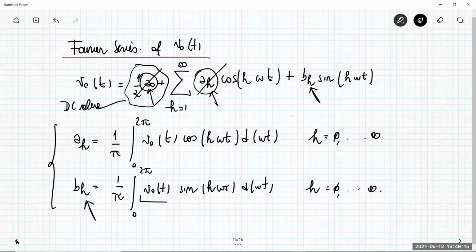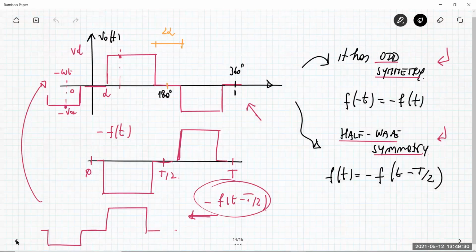This is the product of the voltage multiplied by a sine wave. The integral is extended to all the period from 0 to 2p.